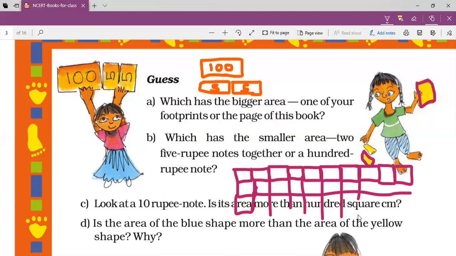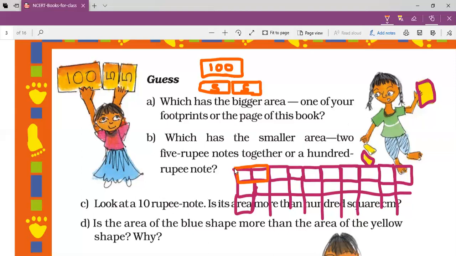Now, when you have drawn this on a paper, take a 10 rupee note and put it on that 100 square centimeters. According to me, it will come till here. It may cover only 2 squares, or it might cover 3 squares.